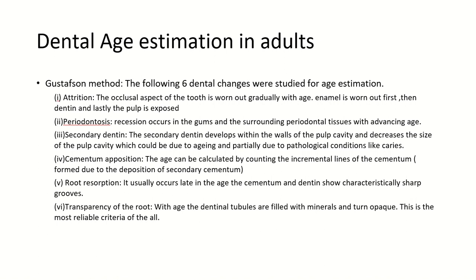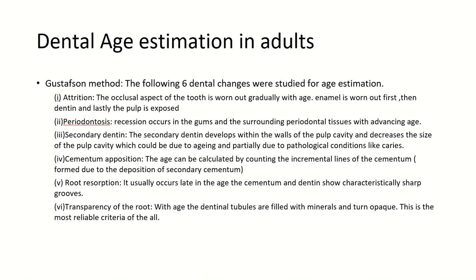Cementum apposition, in which the age can be estimated by counting the incremental lines of the cementum. Root resorption is usually found in adults, old age people. So the cementum and dentin show characteristically sharp grooves.